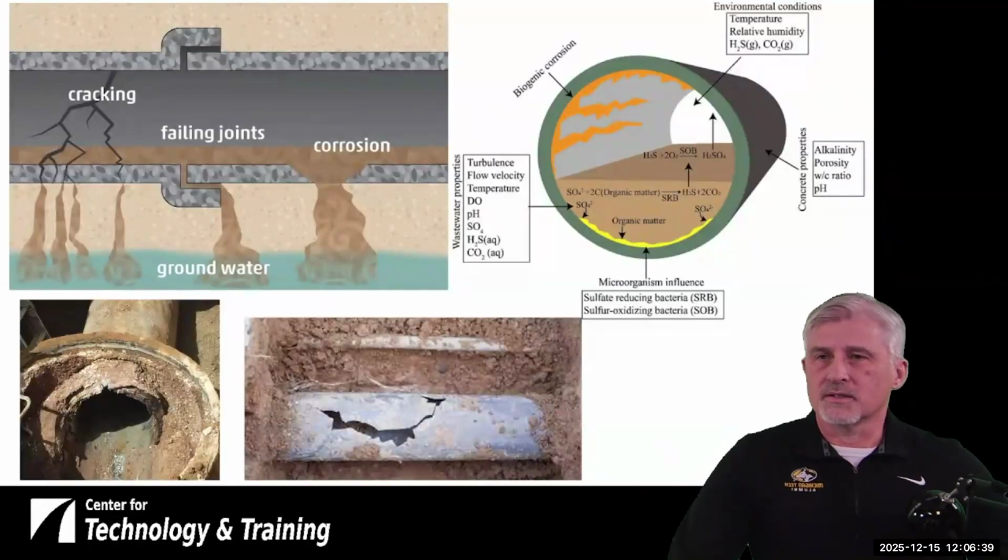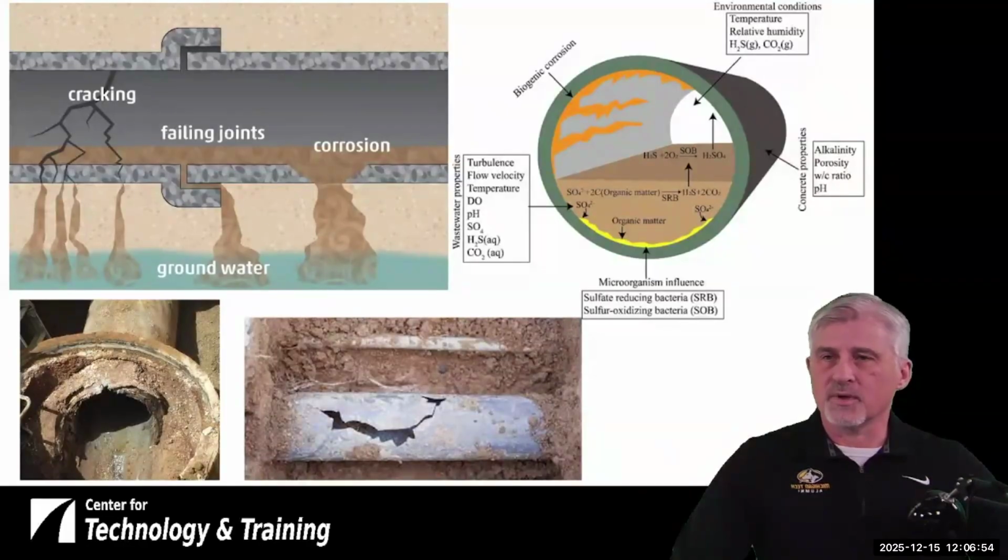These photos kind of depict some of the different problems that we can see. Pipes can develop cracks. The joints may not be sealed properly. There's the corrosion I mentioned, and pipes could corrode from the inside out. All these things would potentially allow water to get in or out of the system.